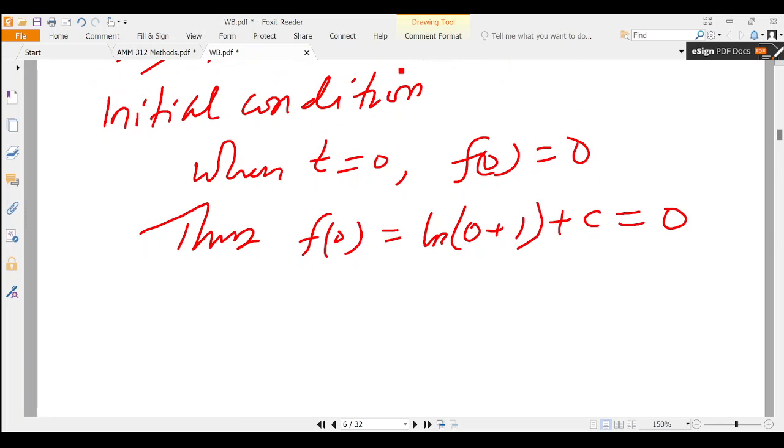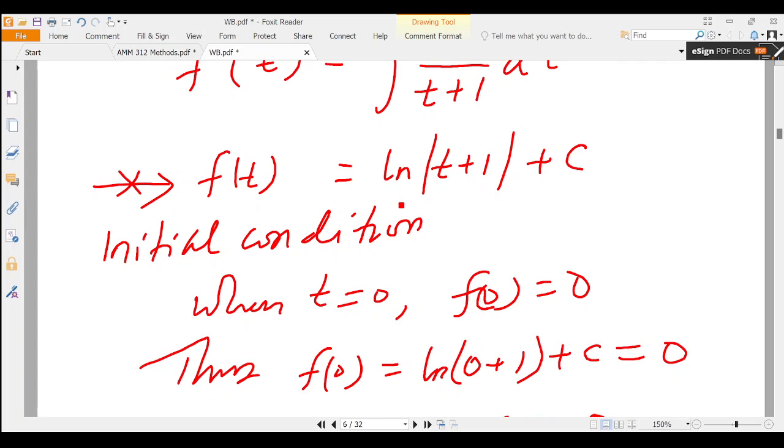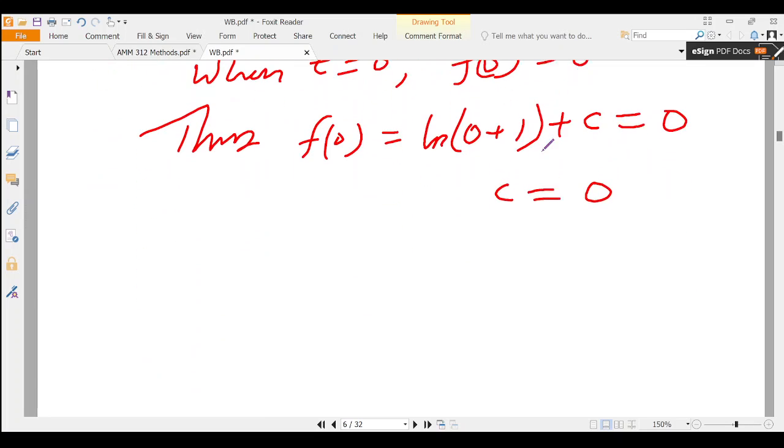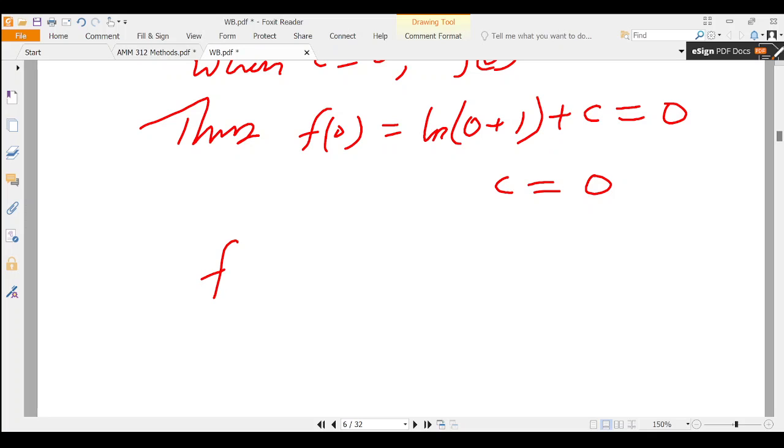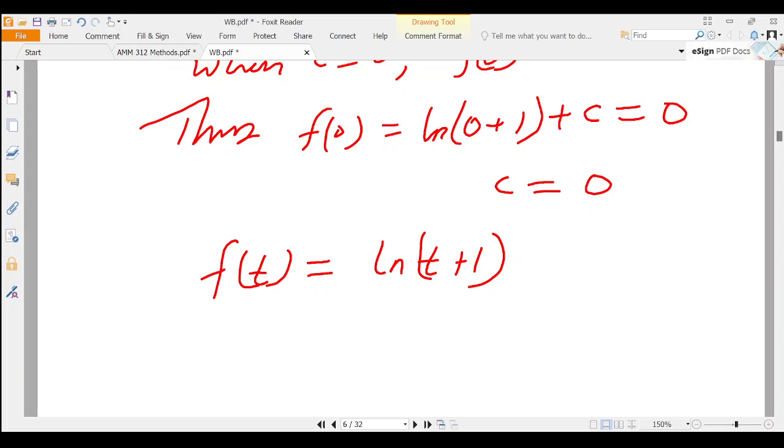And from here we get c is equal to 0. Then we substitute back into this expression here. c is equal to 0. We have f of t, therefore, becomes logarithm of t plus 1.